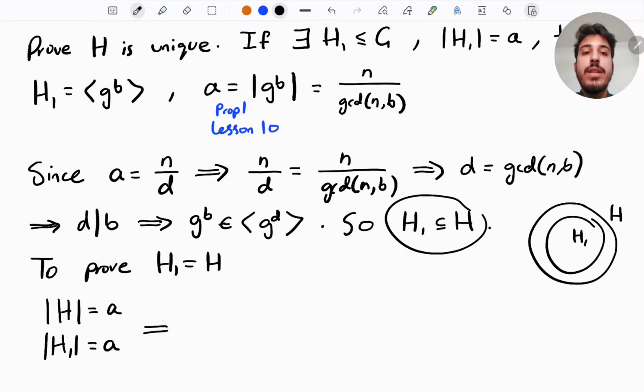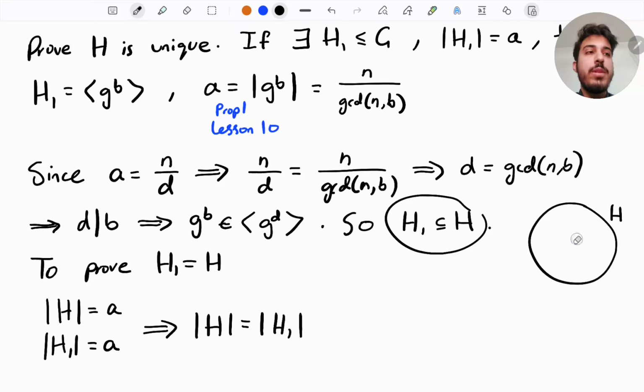So this leads us to see that the order of H is equal to the order of H1. So they have the same number of elements. So if we have two sets, one a subset of the other, and they have the same number of elements, then we're forced to conclude that the sets are equal.